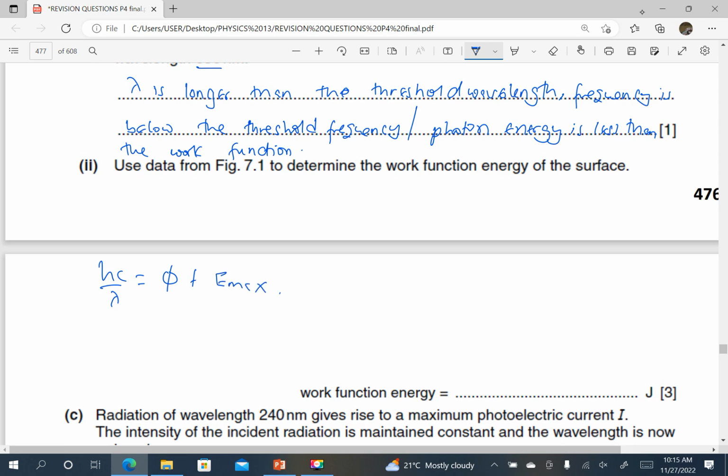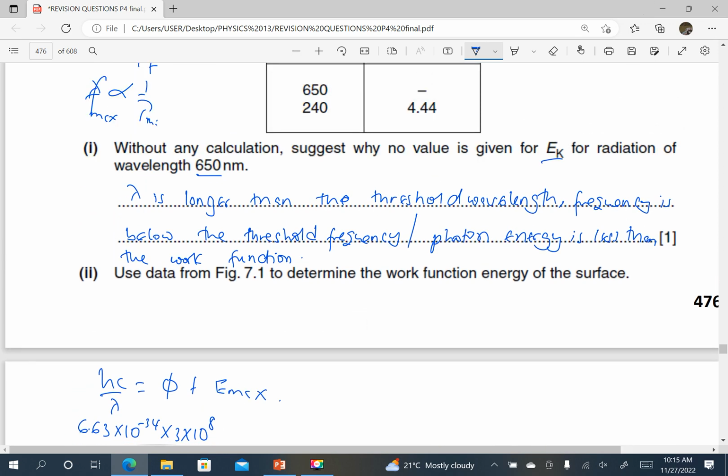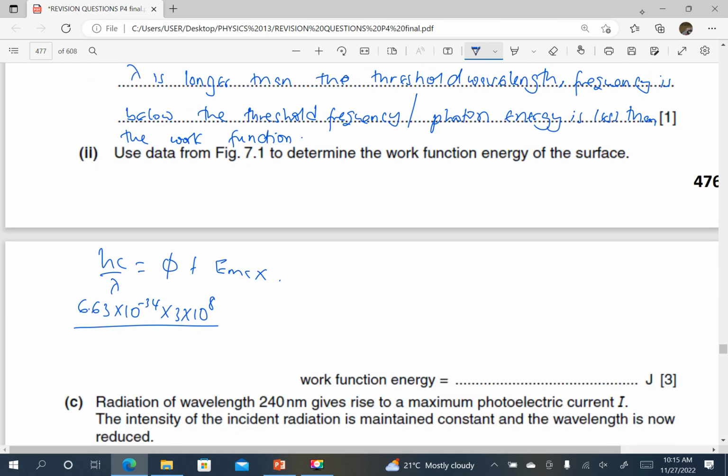So we are just going to substitute. h is 6.63 times 10 power negative 34 times 3 times 10 power 8 divided by the wavelength, which has been given as 240.